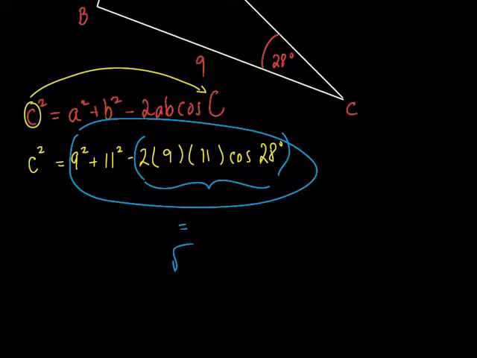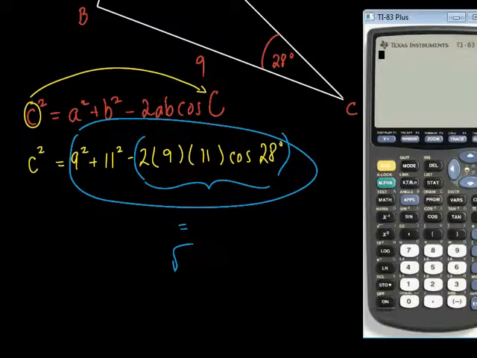Okay. Let me do it on this calculator. All right, so I'm going to go 9 squared. Where's my squared button? Right there. Plus 11 squared, minus left parentheses. So this is almost identical to what you're going to be doing on your calculator. So 2 times 9 times 11, right?